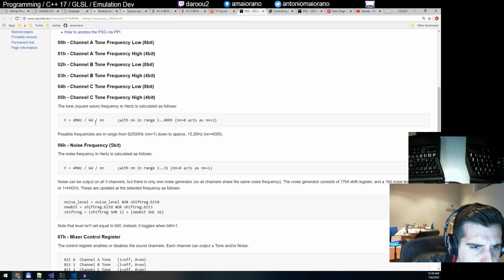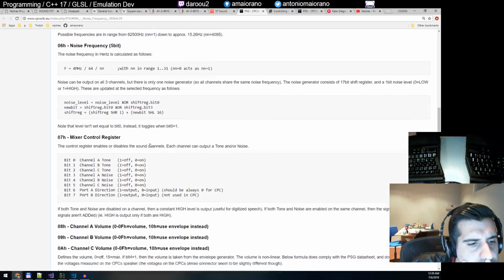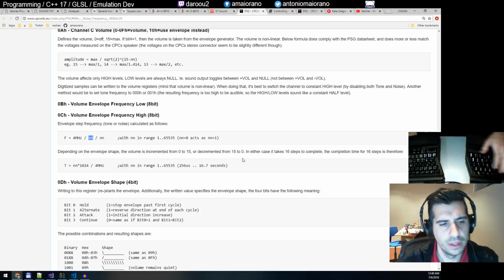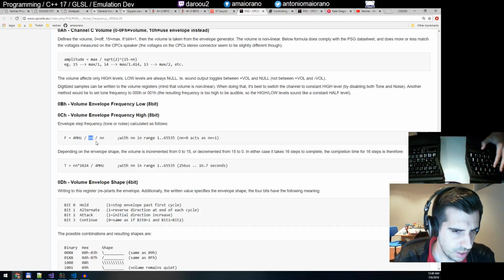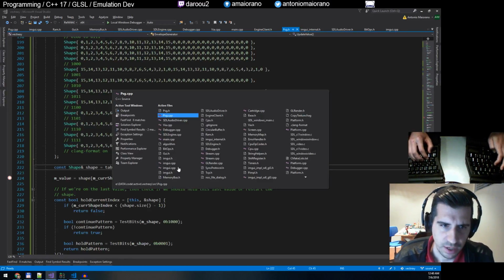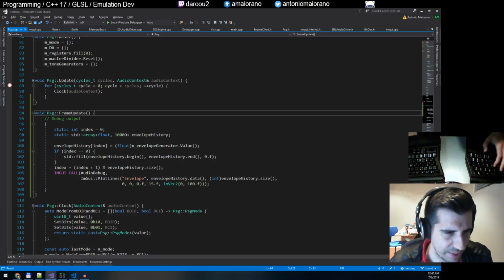Four divided by 64 divided by N. So this does not match the documents. Here it's saying it looks like it would be at the same frequency as the other chips, really, which honestly seemed to make sense hardware-wise.